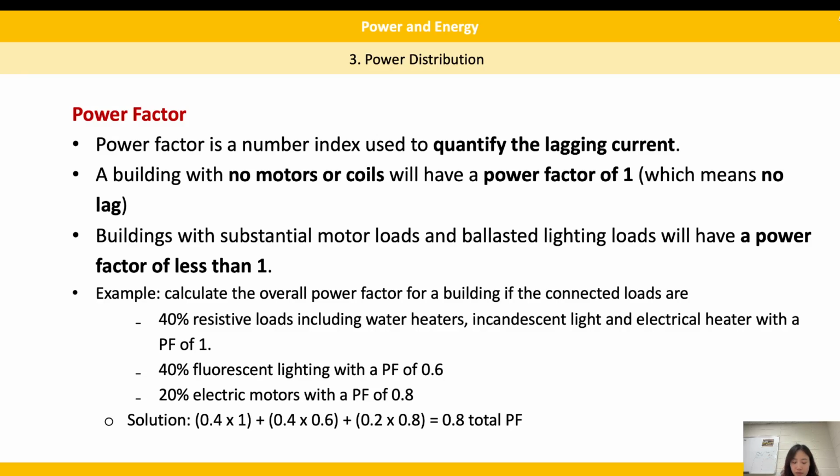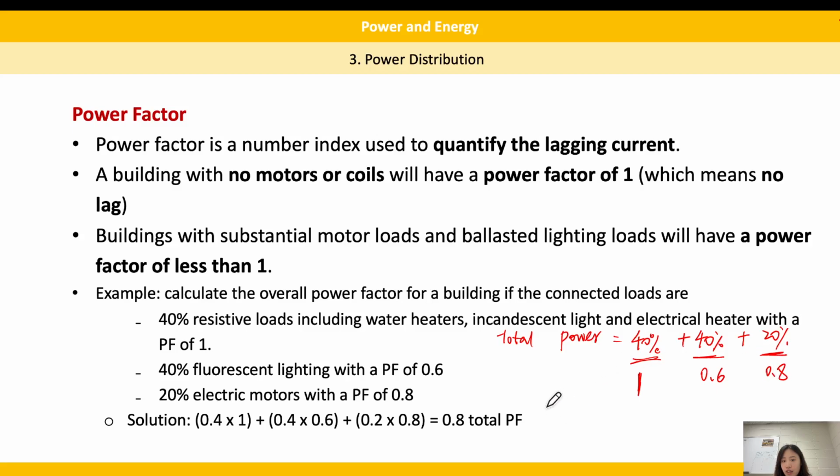So that means the total power has 40 resistive, 40 lighting, and 20 electric. This one's power factor is 1, this one's power factor is 0.6, and this one is 0.8.